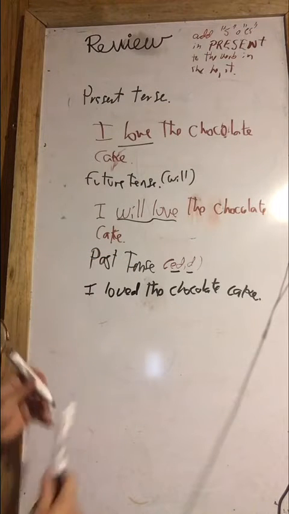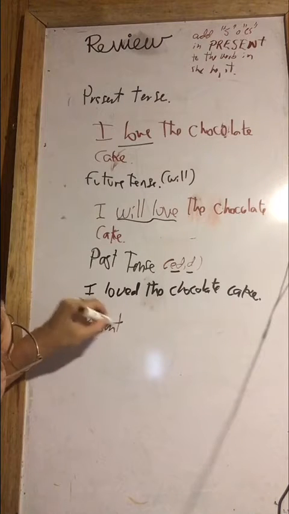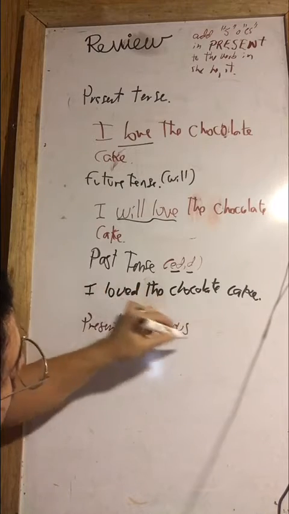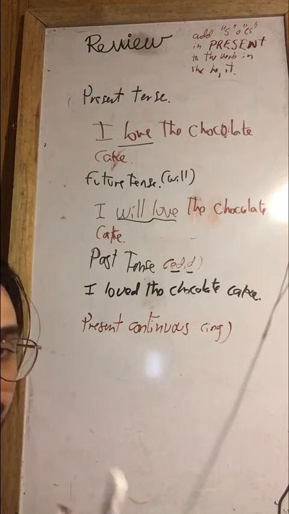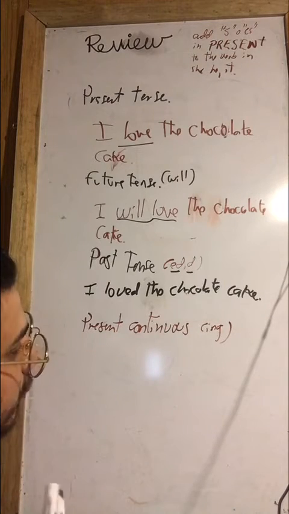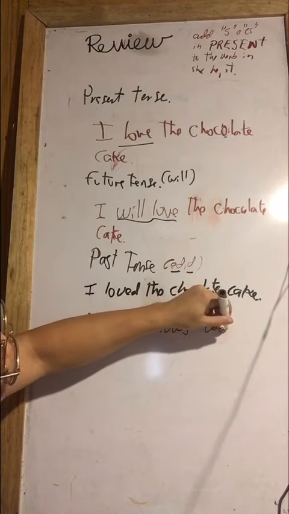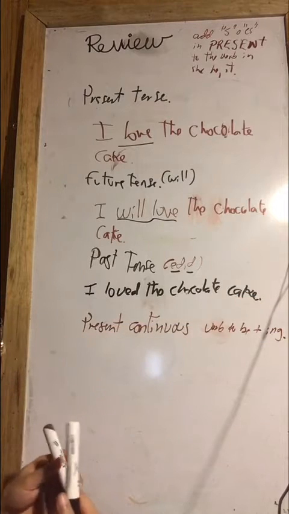And then I have my present continuous. So this is ing. And remember, this is the one that you have to add verb to be. So in there you can write verb to be plus ing.